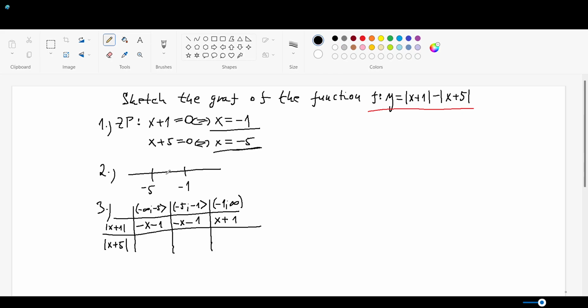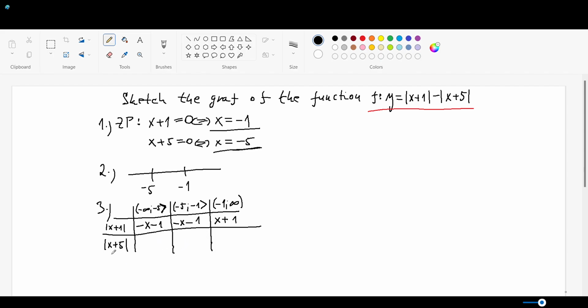And the thing I said during the lesson, maybe when you train such a thing so many times, you will become a lazy guy, and you will not need anymore the point number 2, because you will realize after finding the 0 points that they split or divide the number line into 3 parts, and these are my ending points in the intervals, or ending numbers.